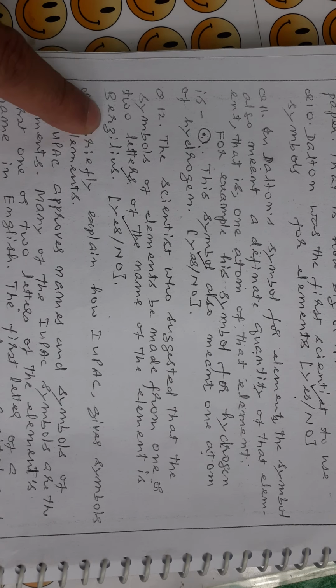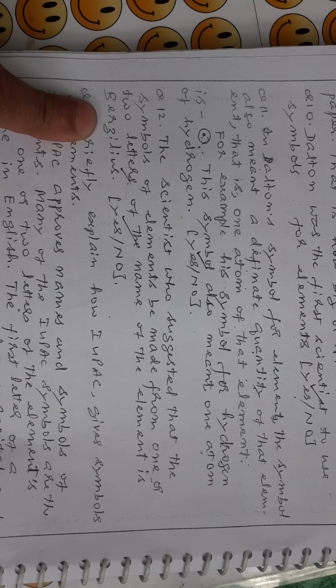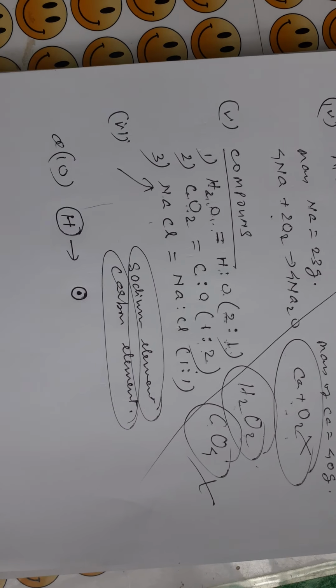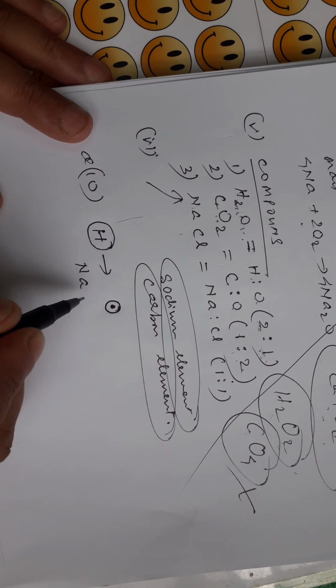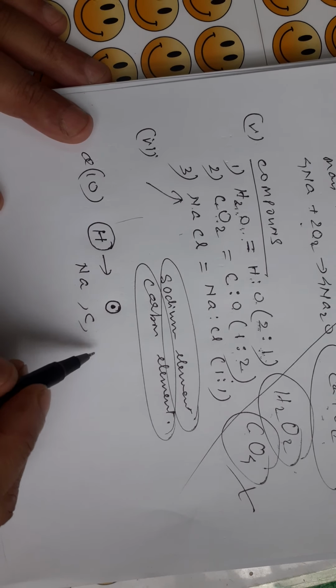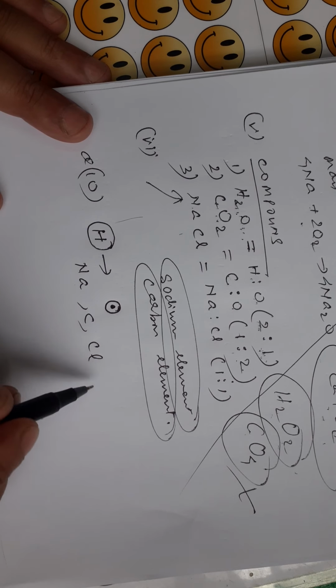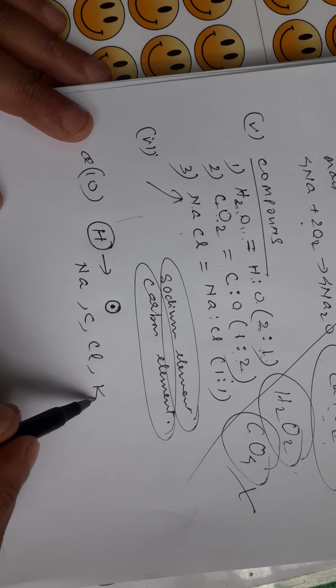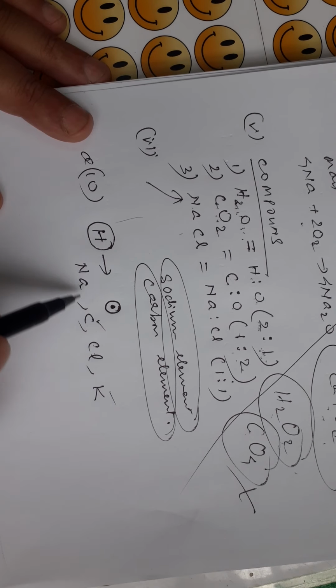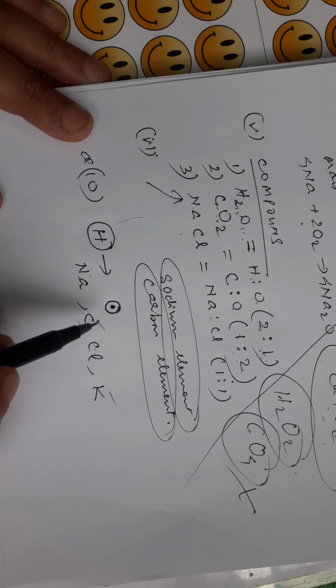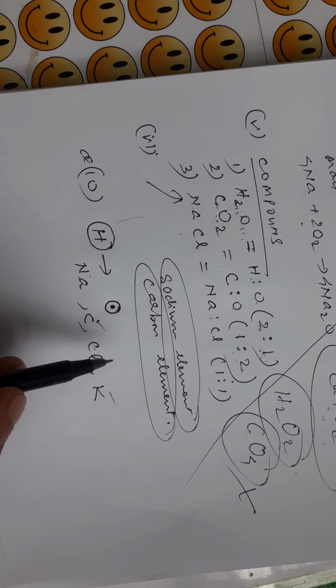No element has three letters. For example, today we have the symbol for sodium as Na, carbon as C, chlorine as Cl, and potassium as K. So all these elements have one letter or two letters, not more than two. That was suggested by Berzelius.